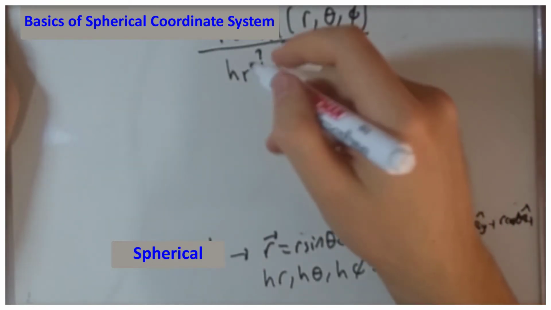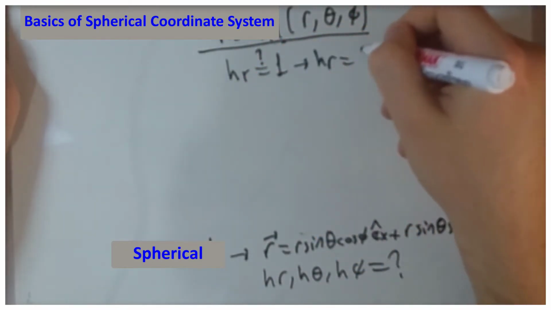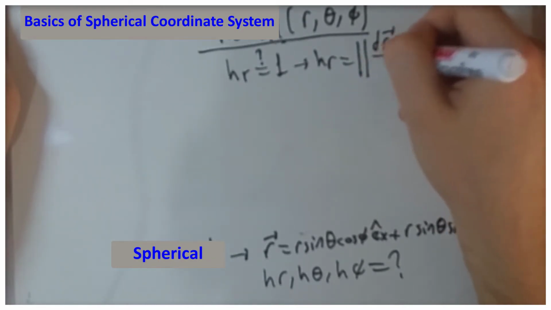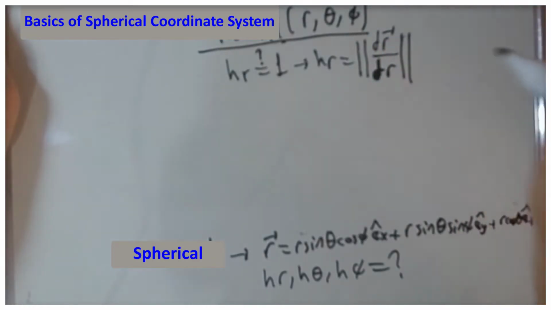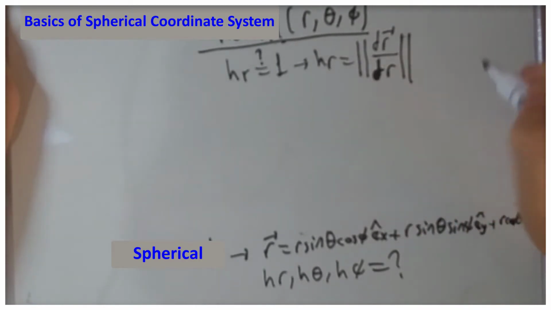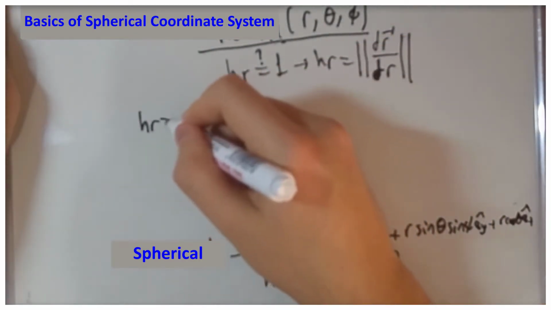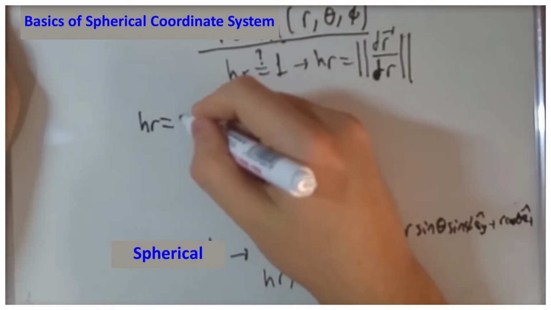Will Hr be 1? Now we need to see this. Take the derivative of dr with respect to r. Then you will find Hr. Now, what do I find if I take the derivative with respect to r?